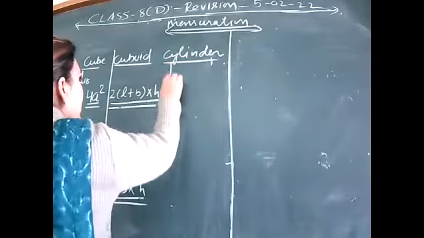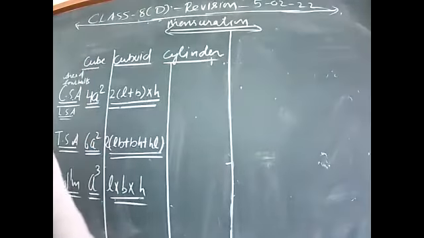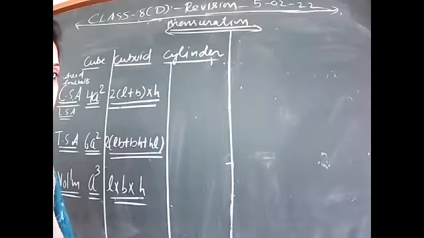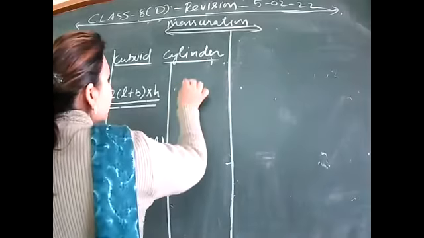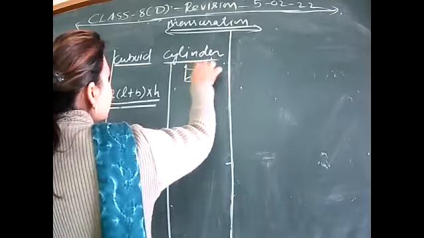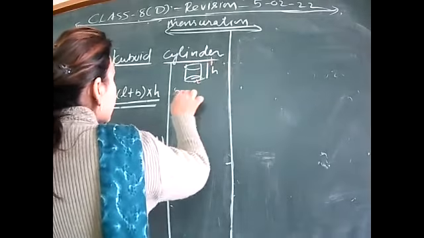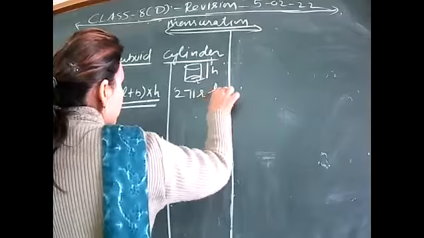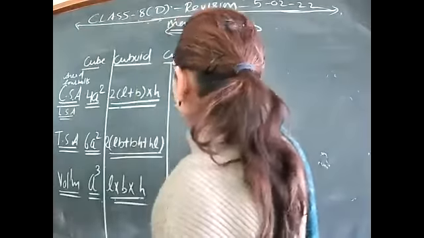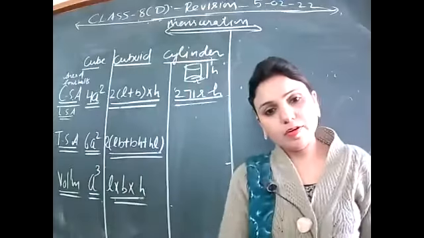अब चलते हैं हम सिलेंडर की तरफ. As far as the curved surface area of cylinder is concerned, the cylinder's radius is R and height is H. Then the curved surface area is 2 pi RH. Curved surface area means involving only the curved portion of the figure, right?